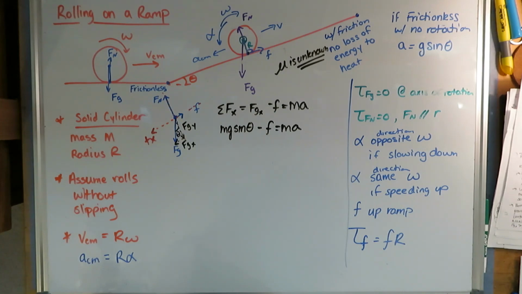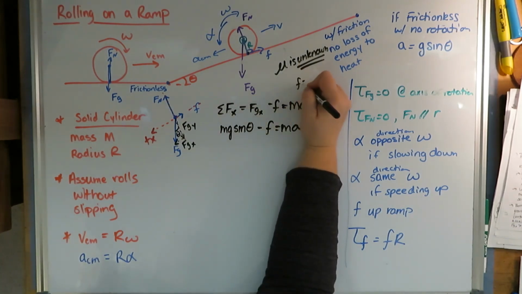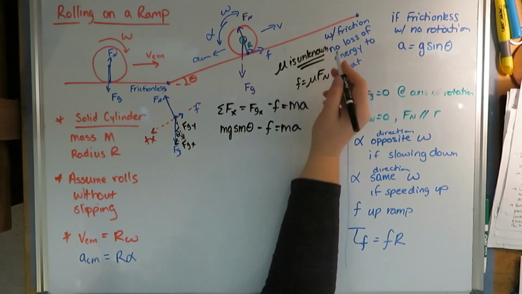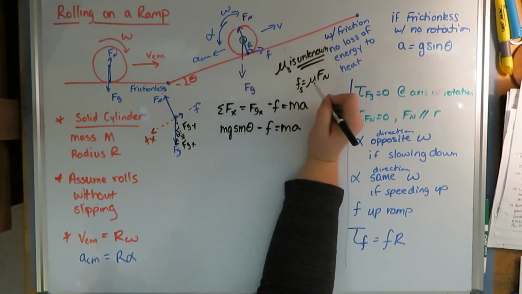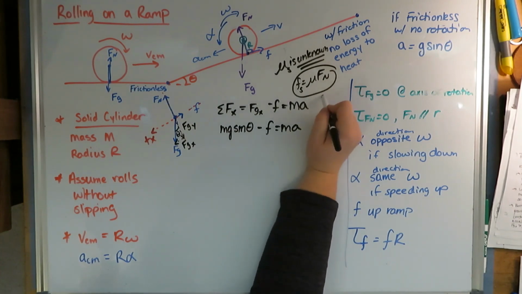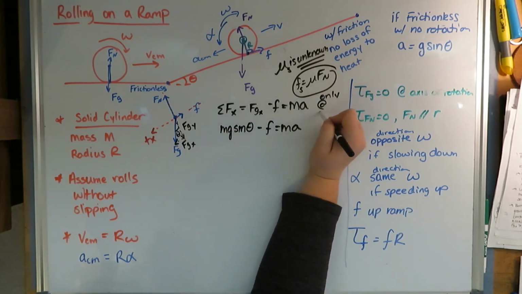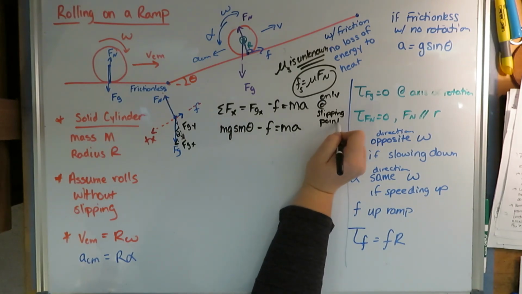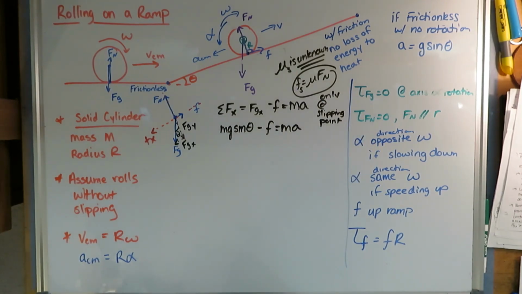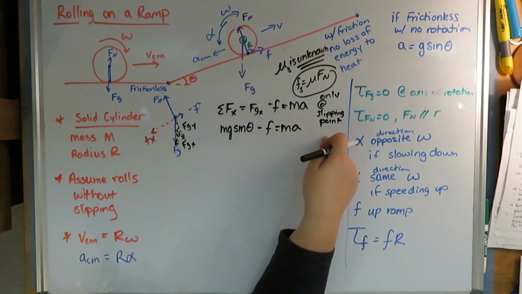So that means I cannot use friction force is equal to mu Fn, in particular because since this is a static friction force, this is only true if you're at the slipping point, because you have to get that maximum static friction. And since we want to roll without slipping, we don't want to be at the slipping point.